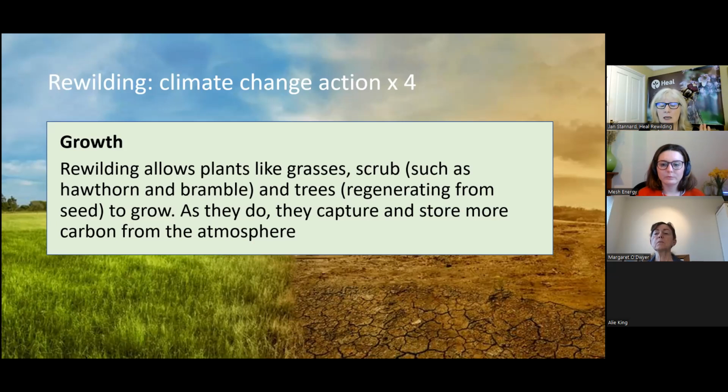That is the reason why people are talking about tree planting. But there are only 3 species of birds that live in woodlands. Woodlands are not very biodiverse. So that's why rewilding is not about planting trees. It doesn't exclude planting trees, but it's not about wholesale tree planting.